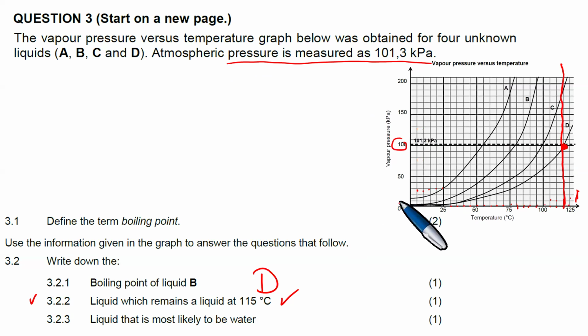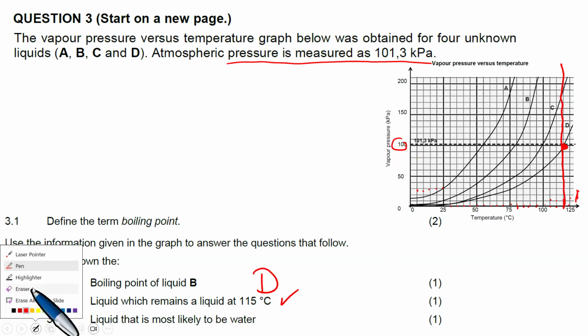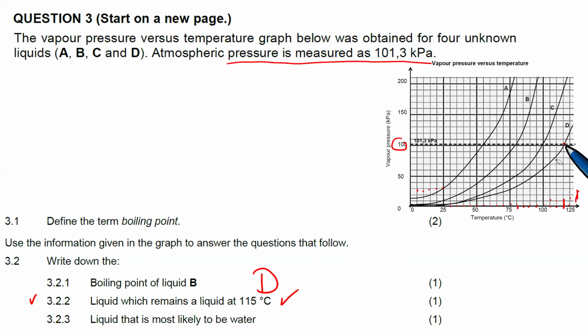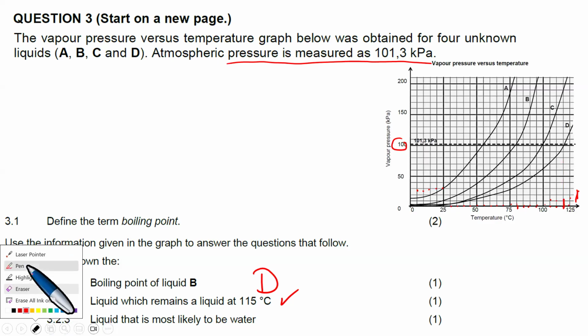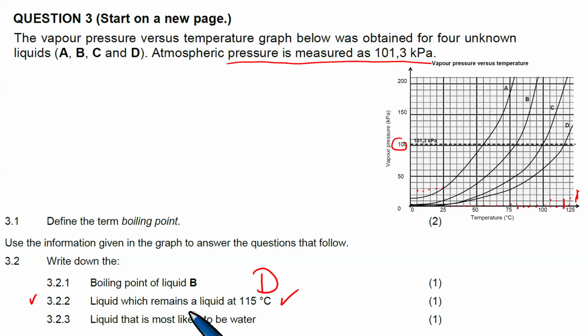These are the vapor pressure values. If I remove this mark, there's a liquid which remains a liquid at 115, and it is certainly liquid D at 115 degrees Celsius.